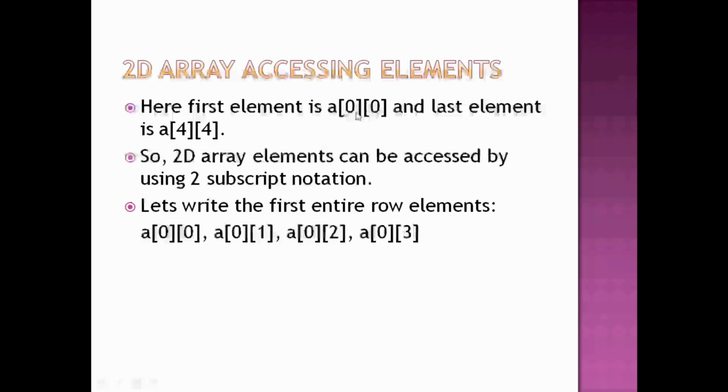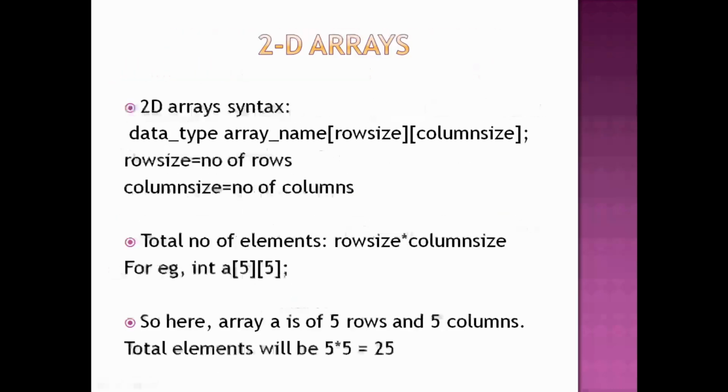So for example, if I want to access the first element, I'll write a[0][0]. The last element will be a[4][4], if the array is our previous one, a[5][5]. Always remember, if the size is 5, then the index number will move from 0 to 4. For the column size also, 0 to 4.